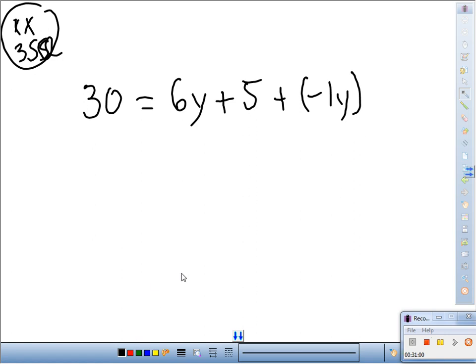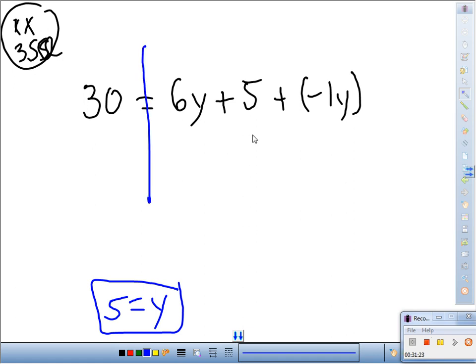See if you can do this one by yourself. Copy that and go. Let's see what you get for this one, Julian. No, just the answer. What'd you get? Hands if you got 5 equals y. That is correct.